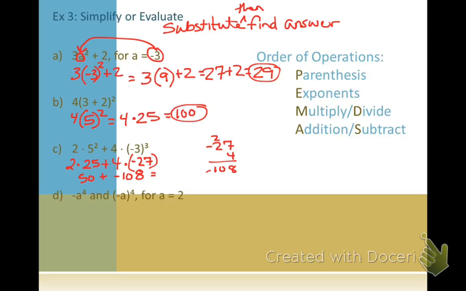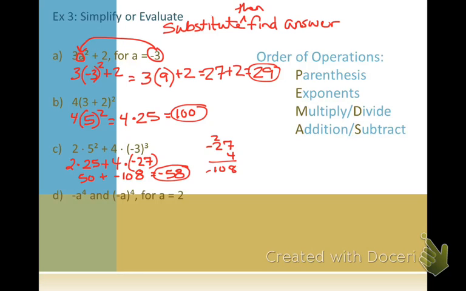Well, remember they're opposite signs, so you're going to subtract them. So it's 108 minus 50, which is 58. Now is it a negative or a positive? Well, 108 is bigger than 50, so it's going to be negative 58.